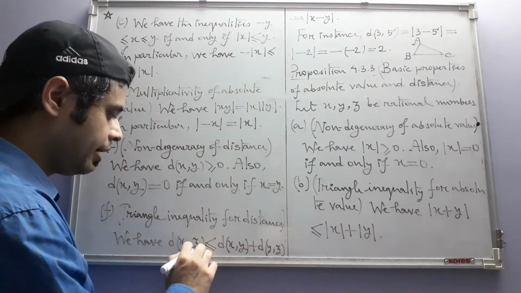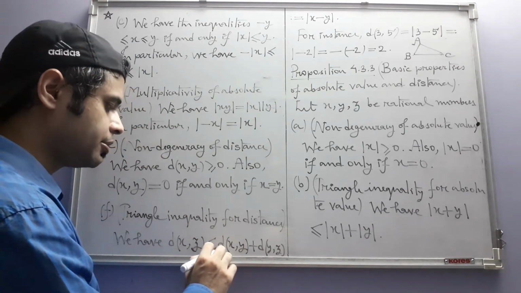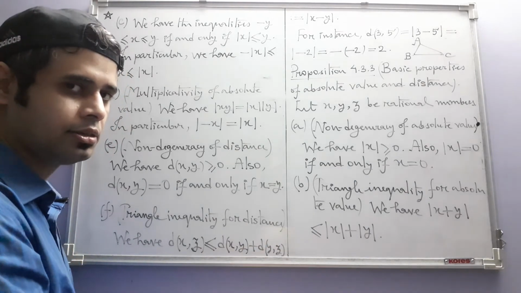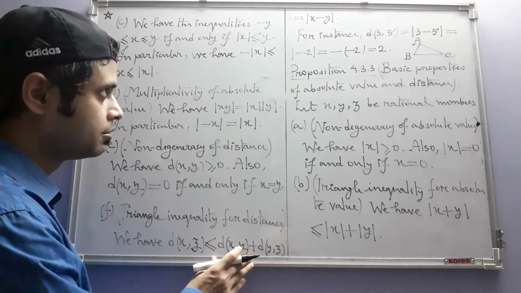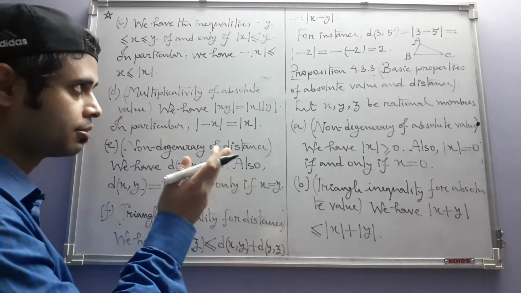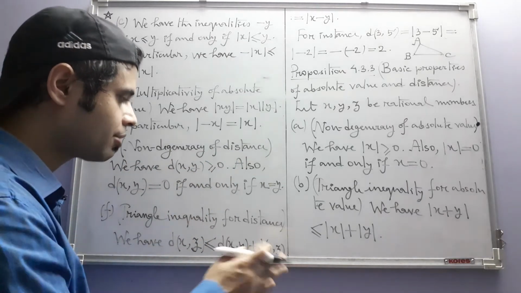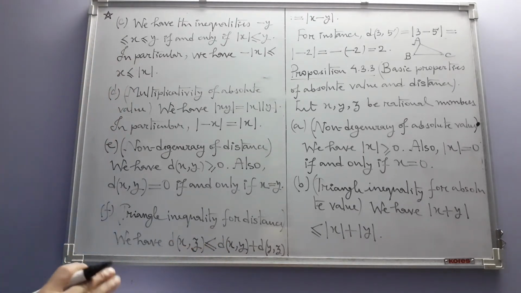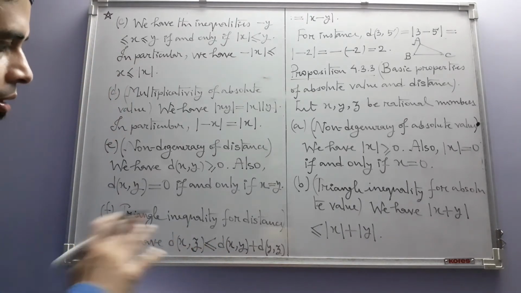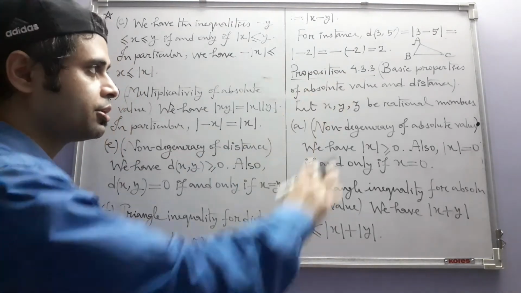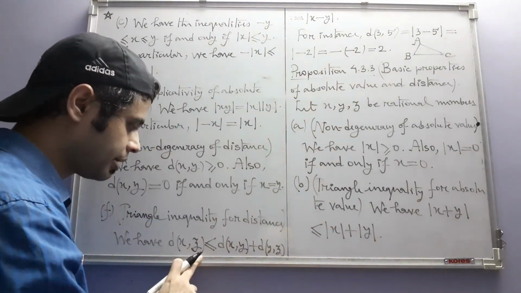Distance between A and C is less than or equal to distance between A and B plus distance between B and C, and that's what the geometric property is. We cannot say at this stage at least that they are directly related or that this follows from this, because these are geometric points and these are rational numbers.